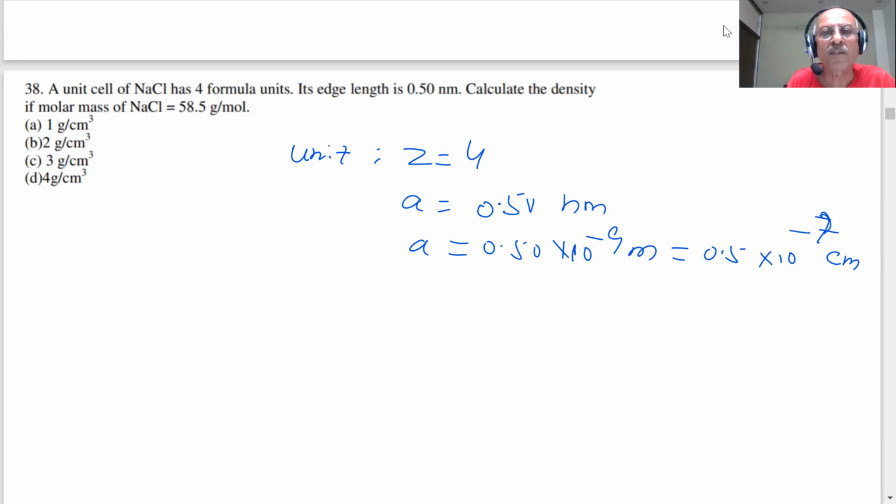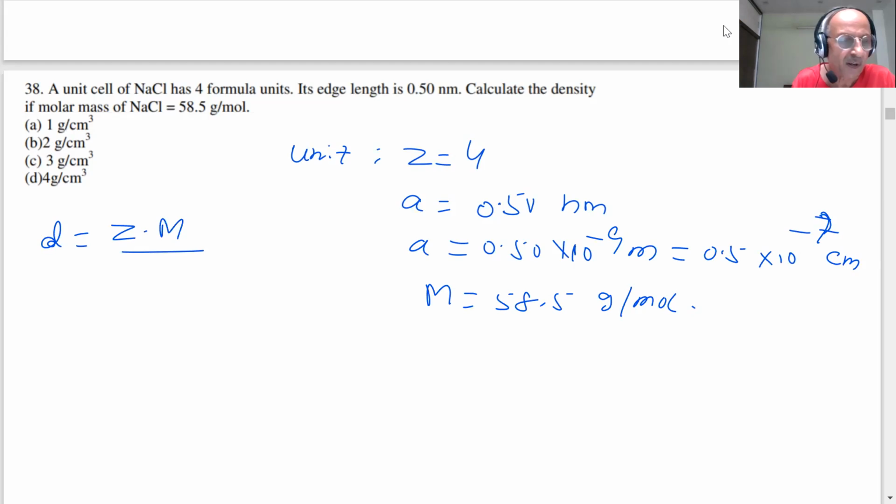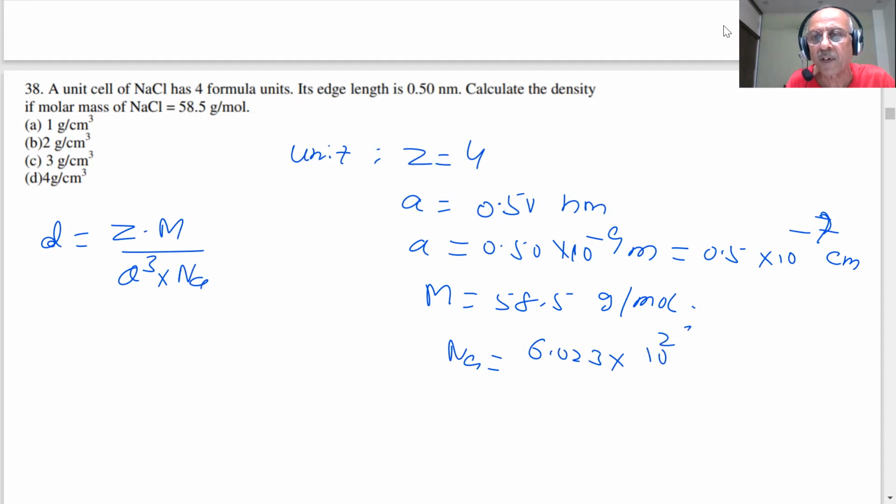Calculate the density. The molar mass is 58.5 gram per mole, students. What is the formula of the density in the solid state? You have read Z into M divided by a cube into Na. Na is the Avogadro's number, which is 6.023 into 10 power 23 per mole. Then put the values here.